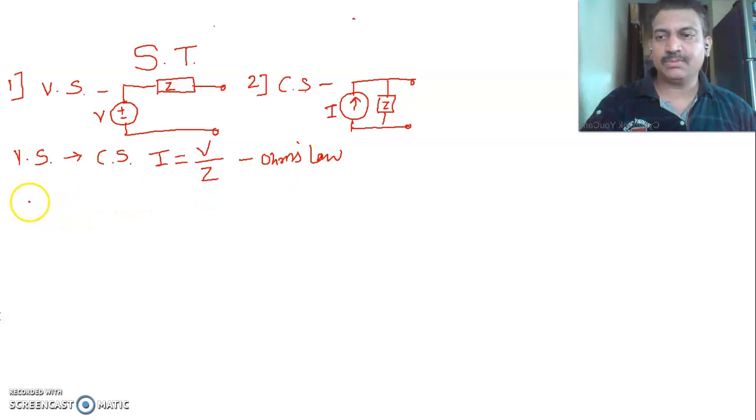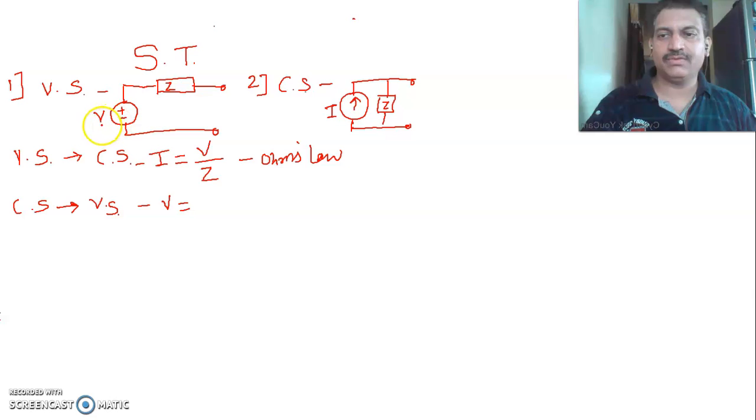When we have to transform a current source into a voltage source, using the same Ohm's law, we get V is equal to.